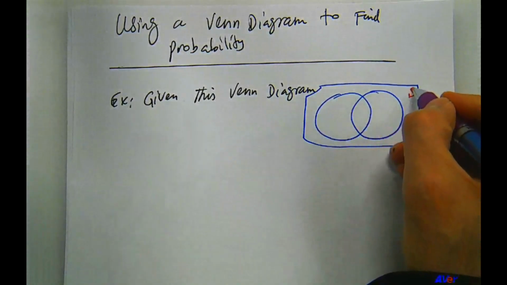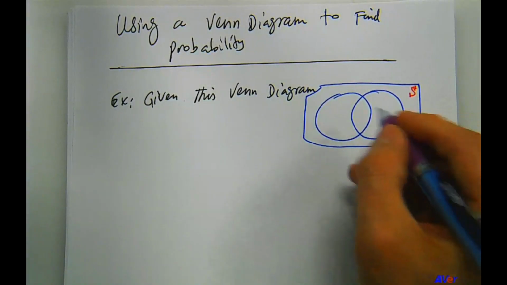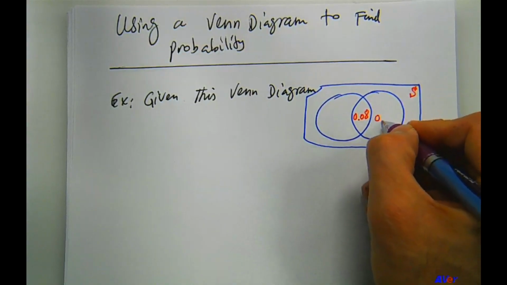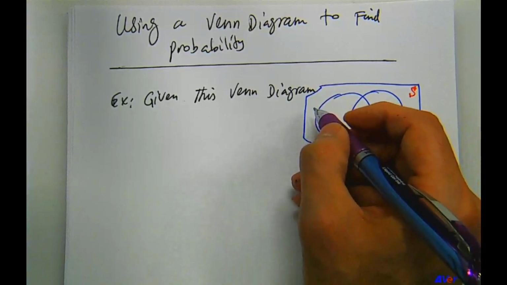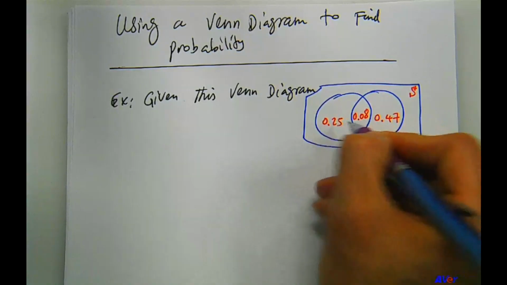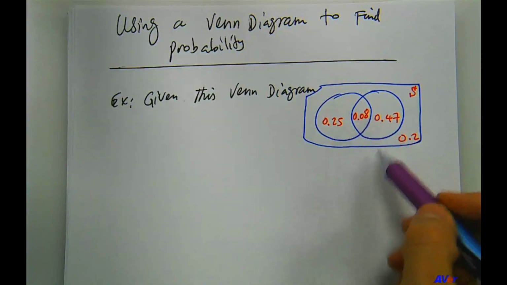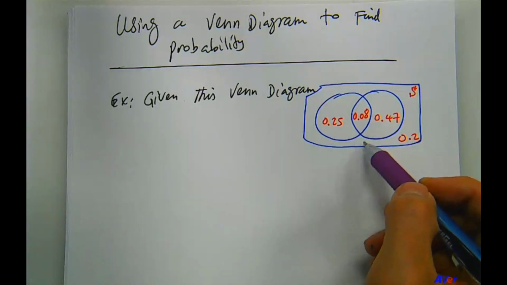Let me just say capital S for sample space. Let's say the probability here is 0.08, 0.47, 0.25, and this is 0.2. So we add these, we should get to 1, and we do, right?